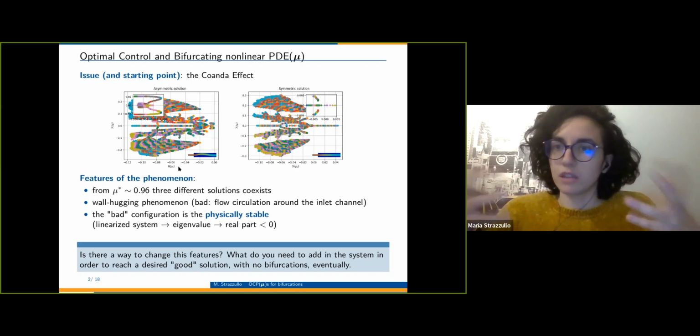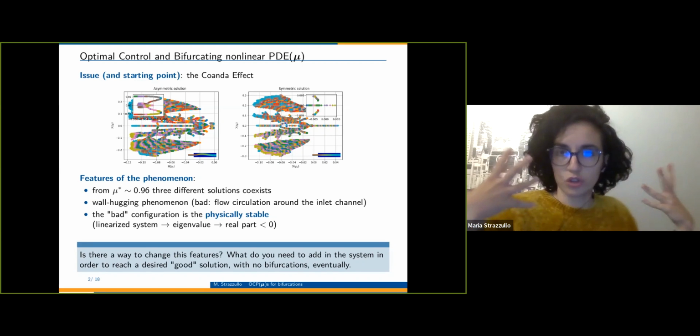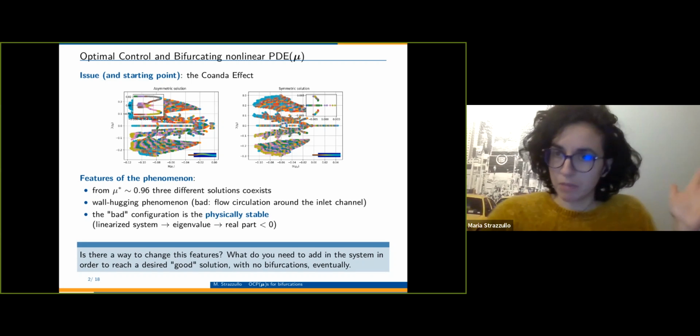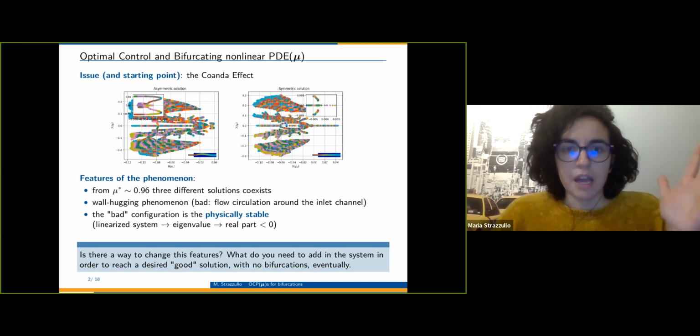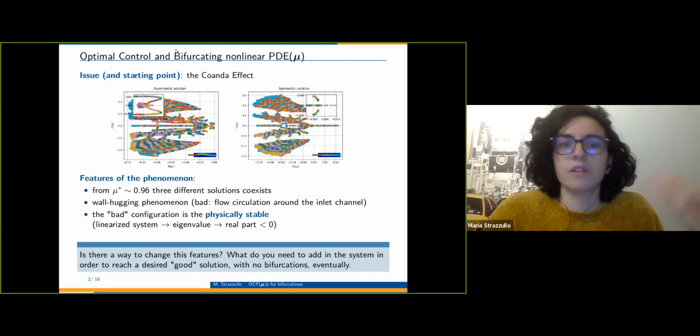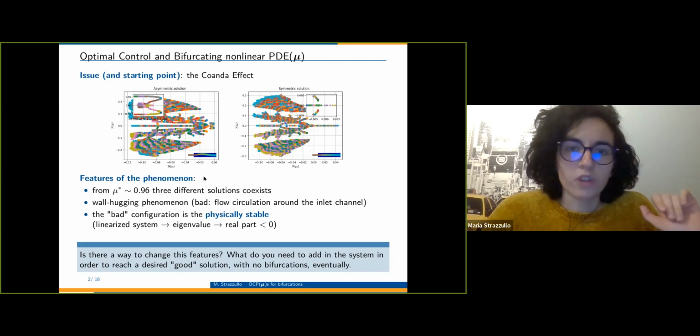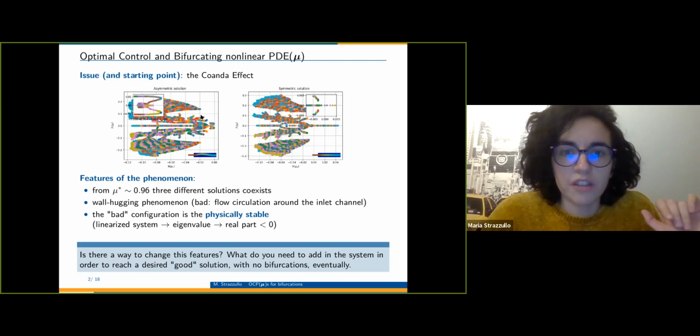Imagine that the previous equations that I showed you are discretized, I don't know, with a finite element method, and you plot, for a chosen parameter, the eigenvalues of the discretized system. What you have is that for the stable solution, the real part of the eigenvalue is always negative.